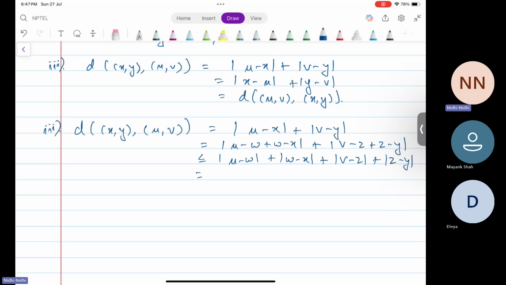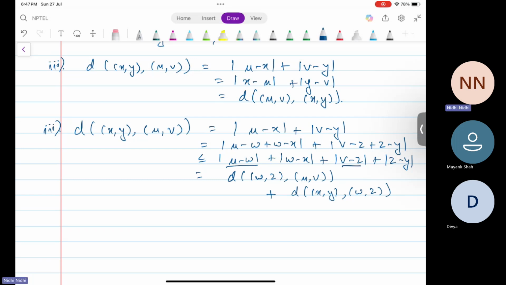Now this is equal to, the terms u minus w and v minus z give us d of (w,z) comma (u,v), and the other two terms give us d of (x,y) comma (w,z).